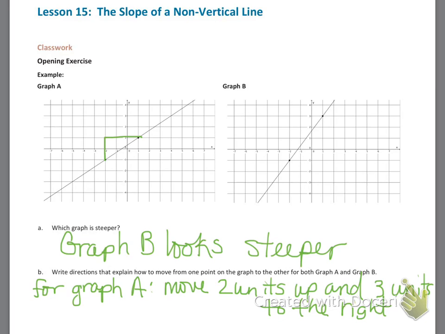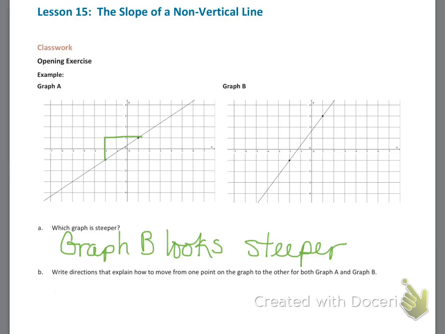Okay, let's do the same thing for graph B. And I'm going to erase here, so. Okay, so for graph B, I want to start at this point right here. And I'm going to go up 4, it looks like, and over 1, 2, 3. So to get from this point to that point, I'm going to go up 4 and over 3 to the right.